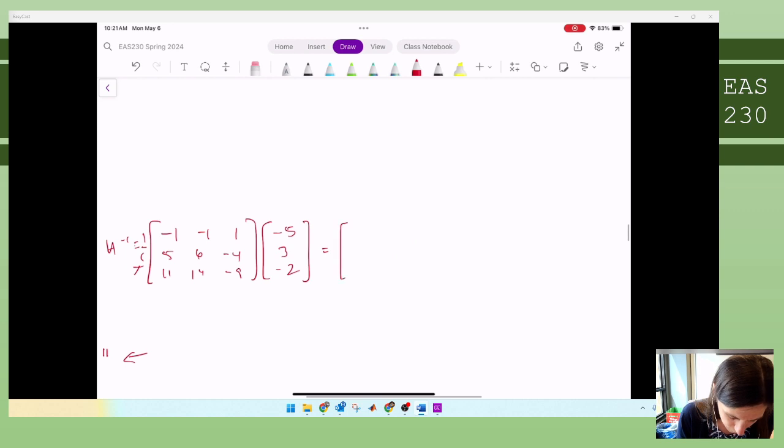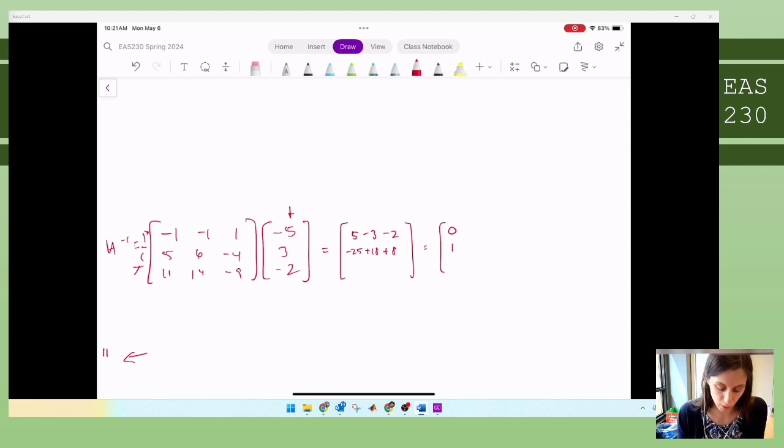So here we go. For row 1, it's 5 minus 3 minus 2, which equals 0. Then I have negative 25 plus 18 plus 8, which should be 1, negative 25 plus 26.